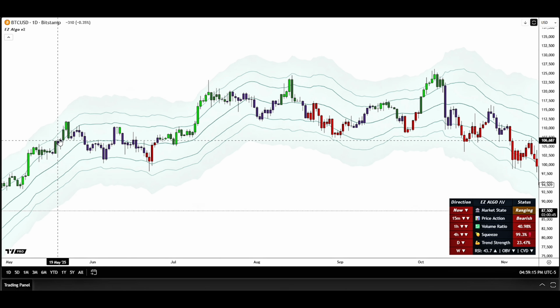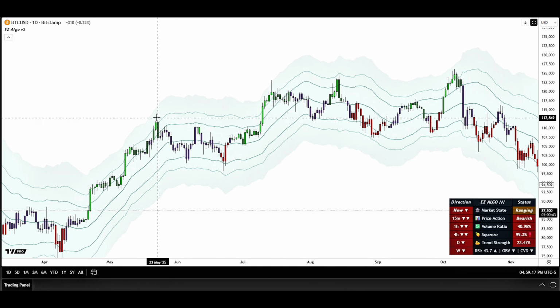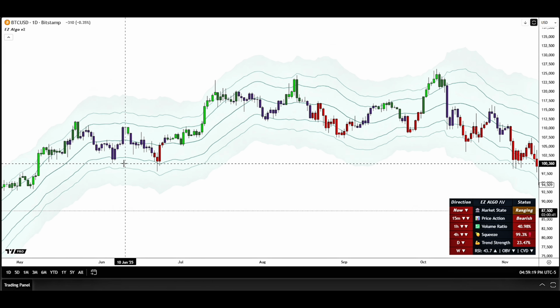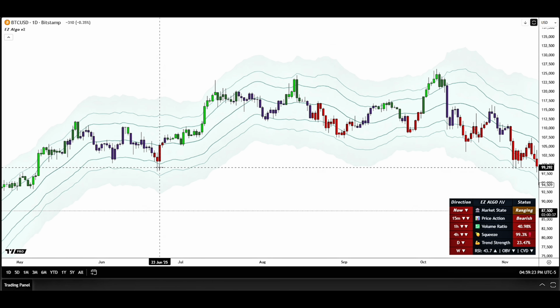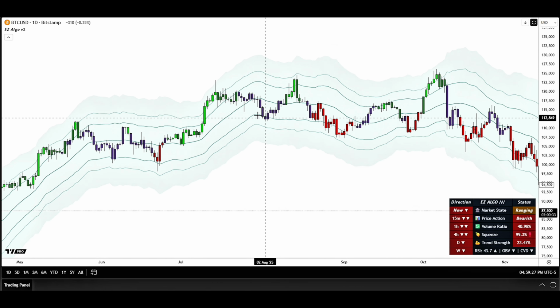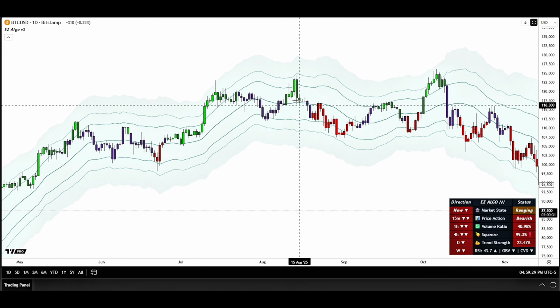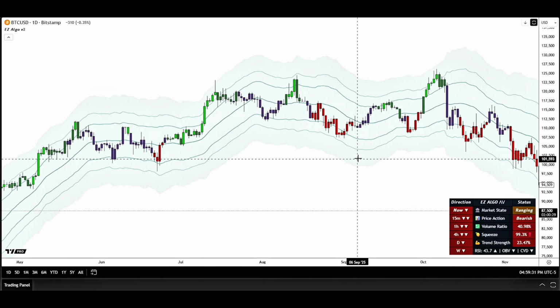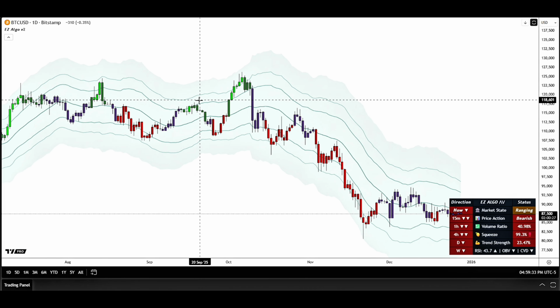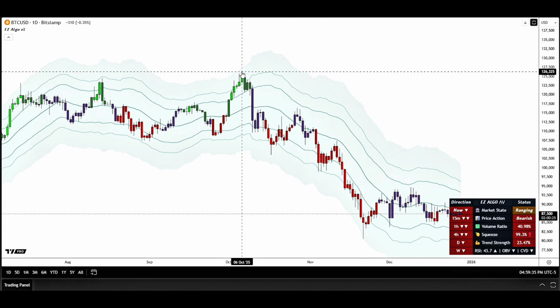So as we can see right here, it ranged right up here, fell back in, hit the bottom of the reversal zone, bounced, came back down to this reversal zone area, bounced again, hit the top. And this whole structure, it's like ping pong, right? We got ping pong up here, ping pong back down here, up here, down here, right here. Even at the top for Bitcoin, it failed.